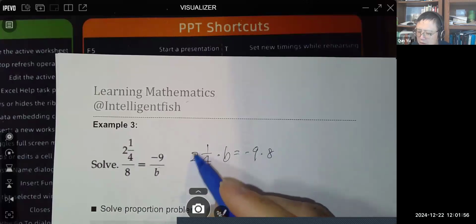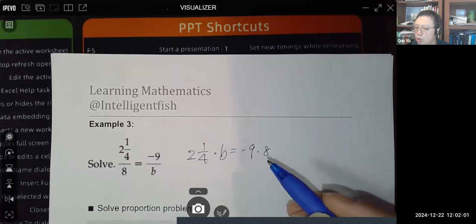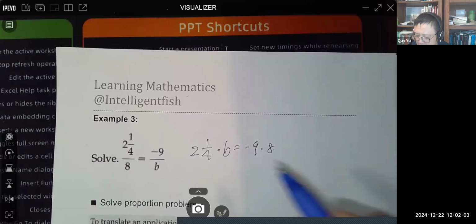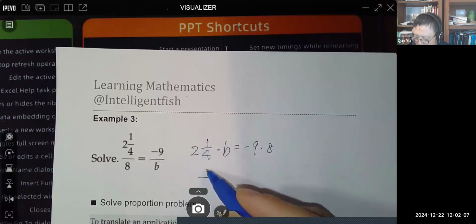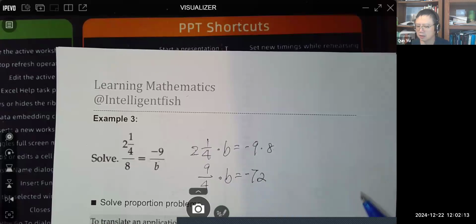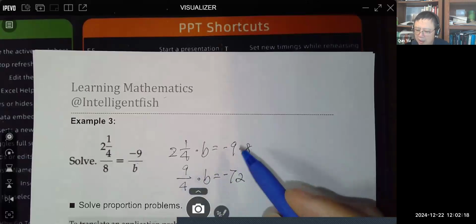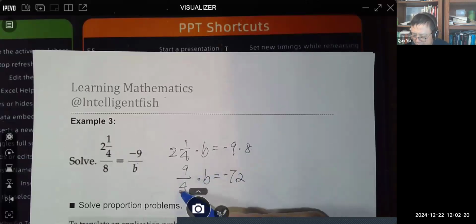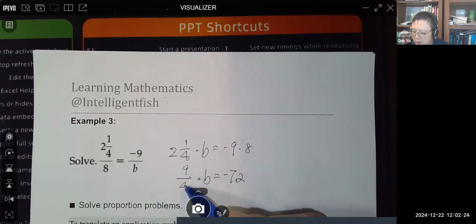We're going to convert a mixed number to an improper fraction when we do multiplication or division using fractions. So multiply this 2, add to the numerator, that's 9 over 4 times b equals -72. Now, in order to get rid of this one, we can just divide by this fraction on both sides, or we can multiply by the reciprocal of this fraction.